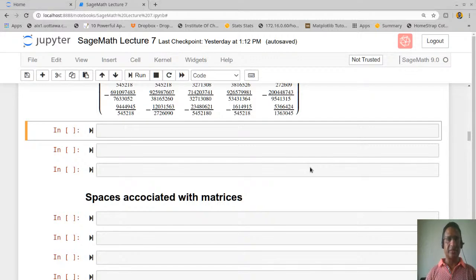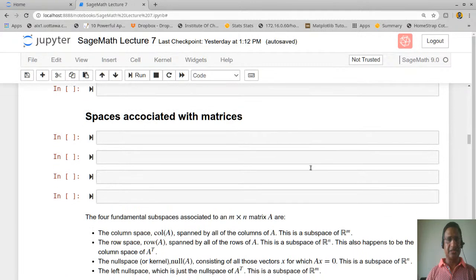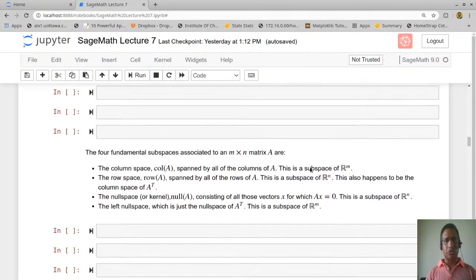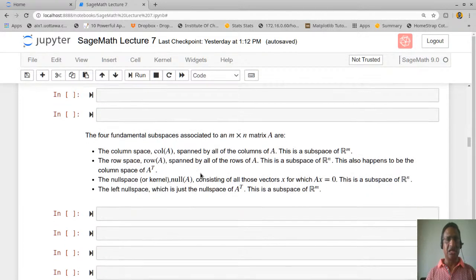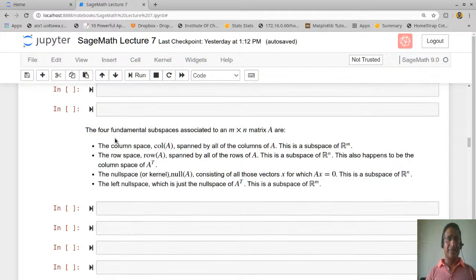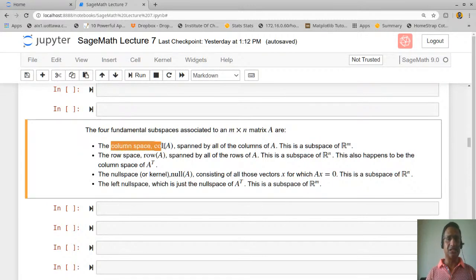So let us begin with a matrix. In case some of you are not aware of this definition, generally we call them the 4 fundamental subspaces associated to a matrix. If the matrix is M cross N, first is the column space, that is the subspace spanned by the column vectors.